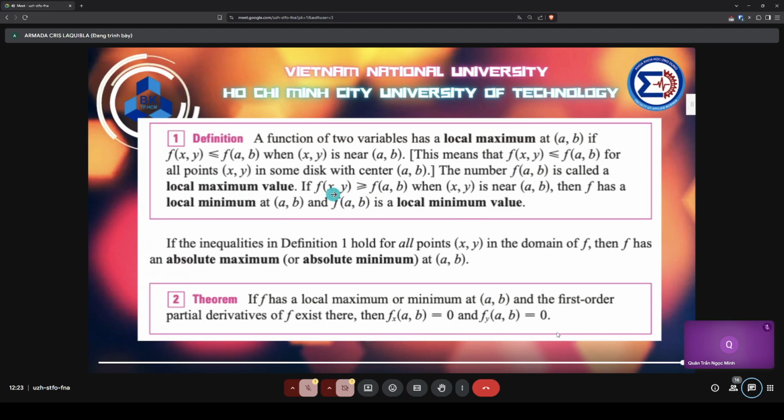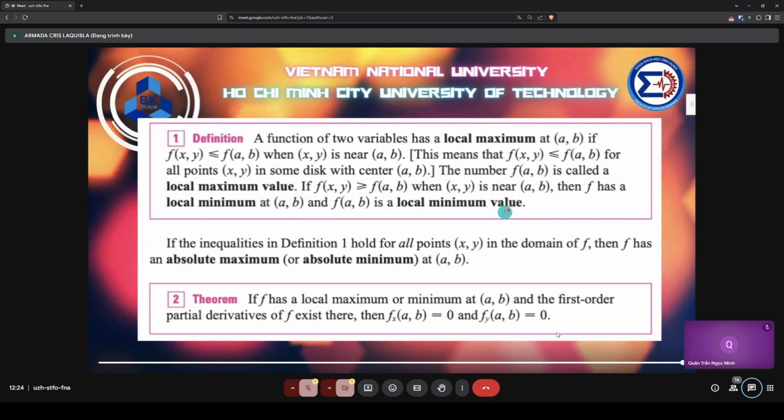Now if f of x, y is greater than or equal to f of a, b when x, y is near a, b, then f has a local minimum at a, b. So just substitute a, b here. Next, if f of x, y is greater than or equal to f of a, b, it means this value here is larger than your f of a, b.